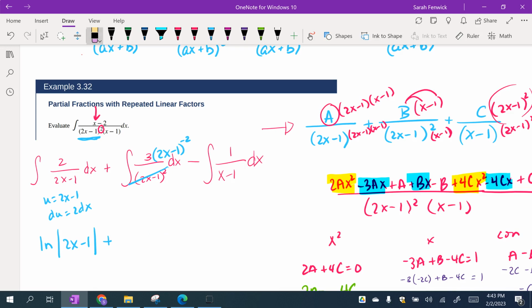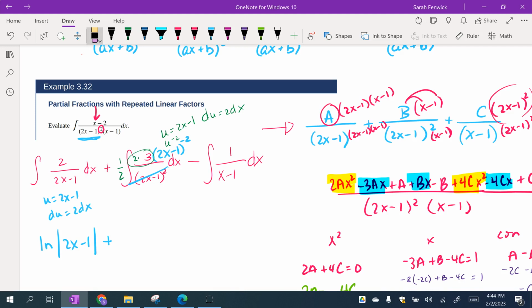Go back. So if I wrote it as 2x minus 1 to the negative 2, du is 2 dx. So I need a 2 and a 1/2, and then this would be u to the negative 2. Okay, so I have 1/2. Nope, the 2. All right, guys, I'm going to confuse me and you if I'm not careful.